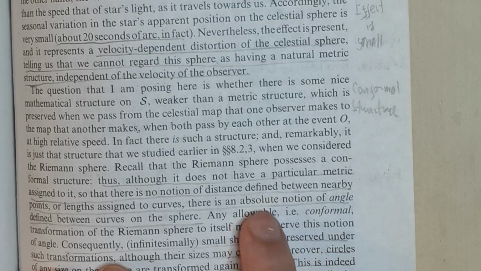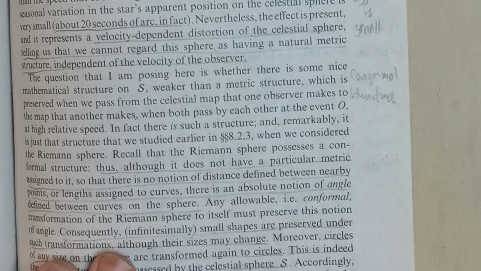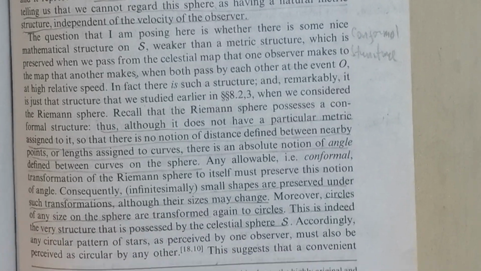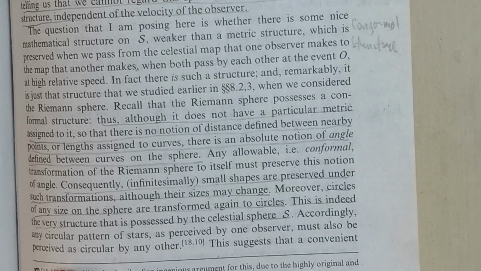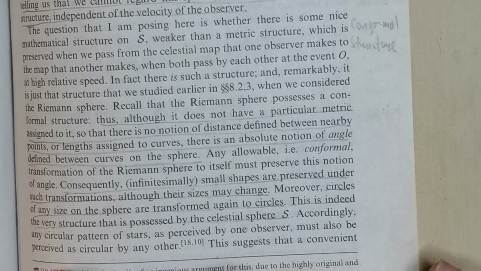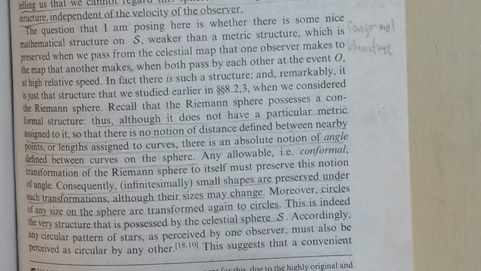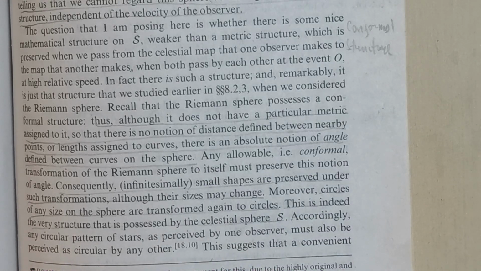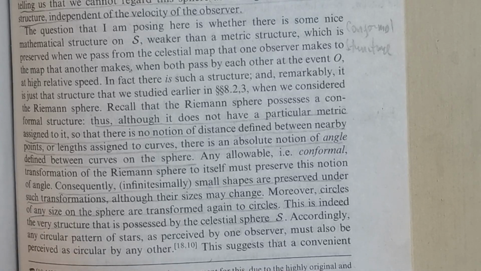And it always preserves the angles between curves on the sphere. And afterwards, he says that accordingly, our celestial sphere also could be interpreted as the Riemannian sphere, actually.